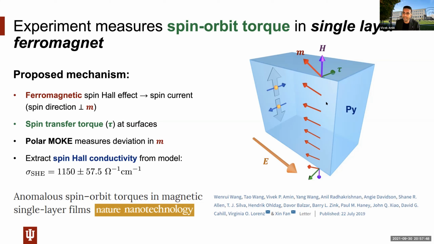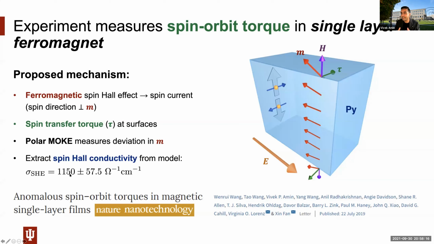Essentially by deconvolving that, you can then look at what the magnetization direction is in the top layer and the bottom layer. So this is an optical experiment that was used to probe the deviation in the magnetization at the boundaries. And that deviation has to come from a torque. We are simply postulating that it's coming from the spin current, and then as a result getting this value. But it's possible that it could come from other sources too.